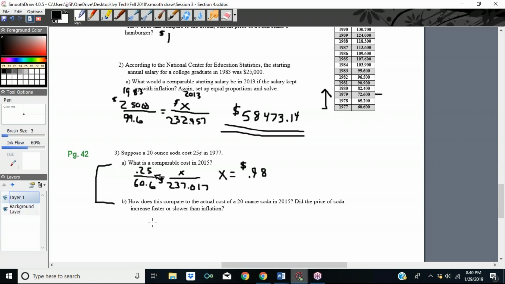So what we could say is the price of a soda is higher. Soda prices have increased faster than inflation. So that answers the second question. So soda prices are higher than the inflation price or the inflation amount.